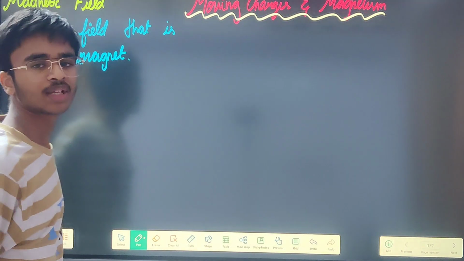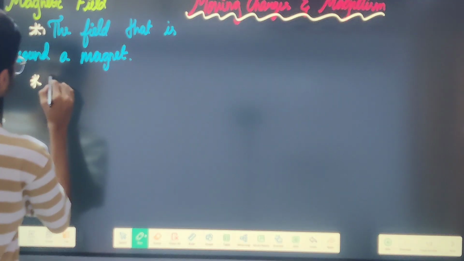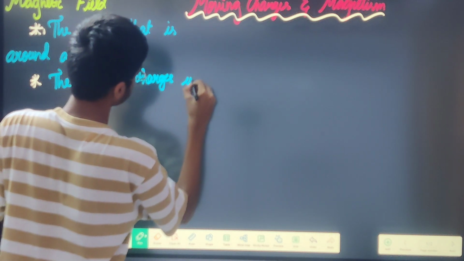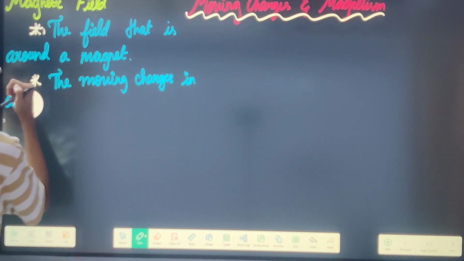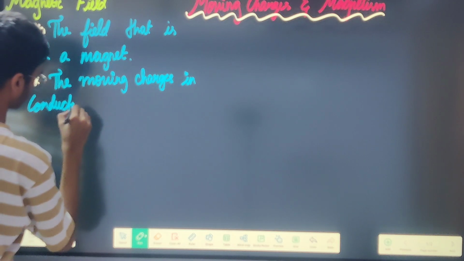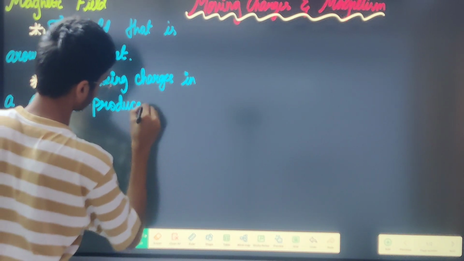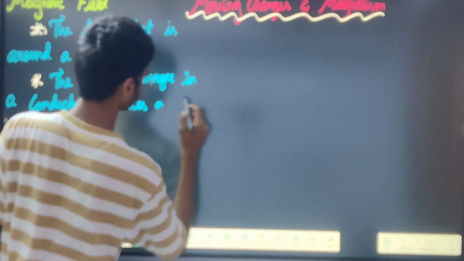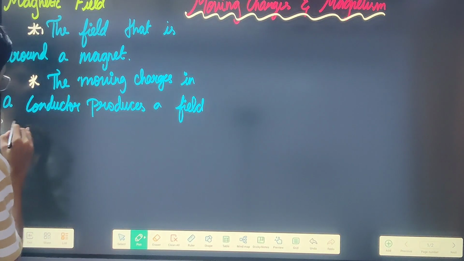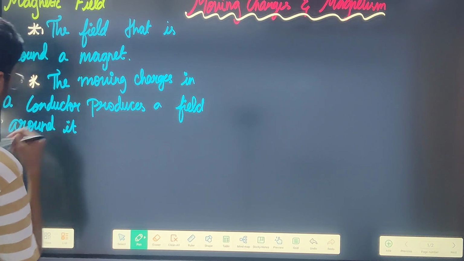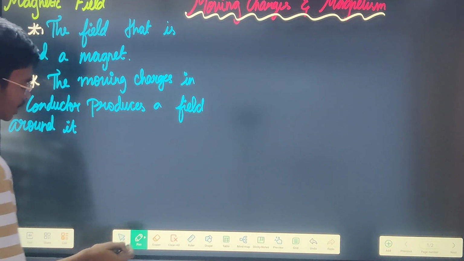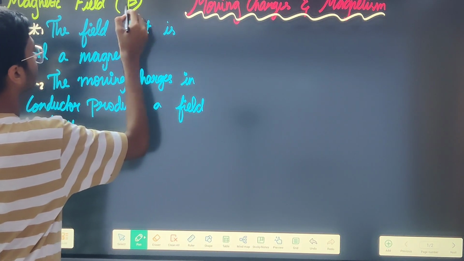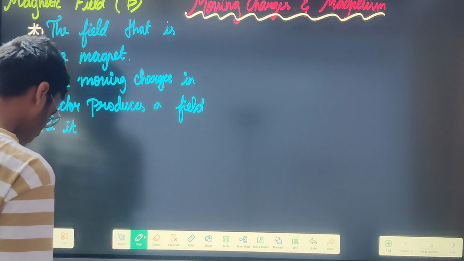The moving charges in a conductor produce a field around it, and that field is what is known as the magnetic field. It is represented with B.